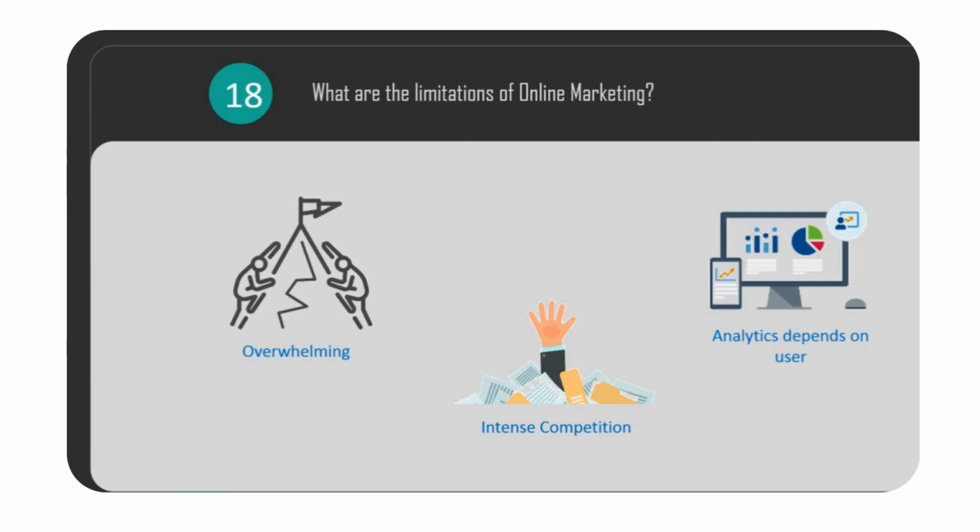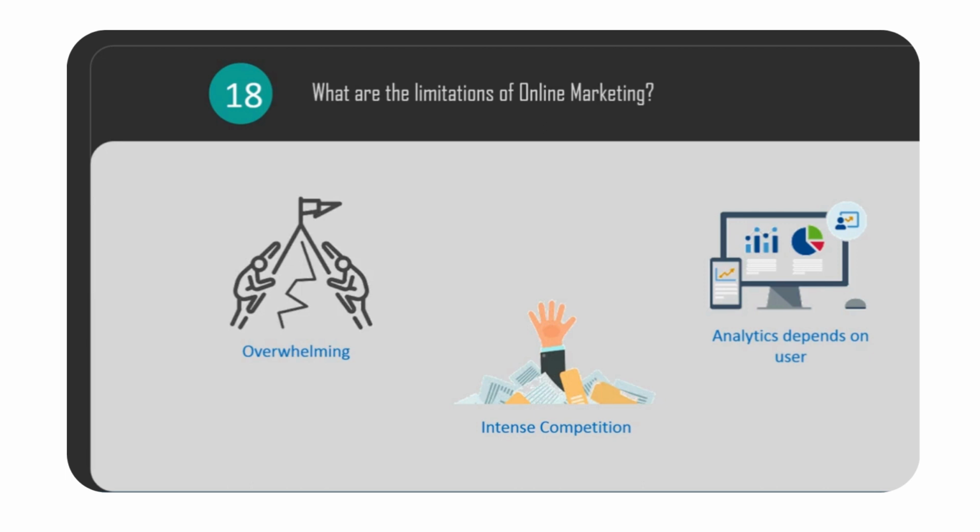There is so much information and data and an onslaught of tools that it's easy to get overwhelmed and confused. It takes a lot of patience and practice and experience to get your head around all of it. And also, analytics is only as good as its user. I mean to say that analytics depends completely on the user.